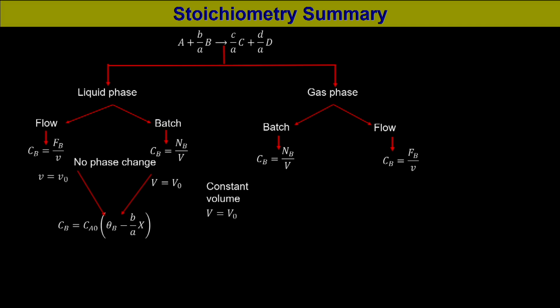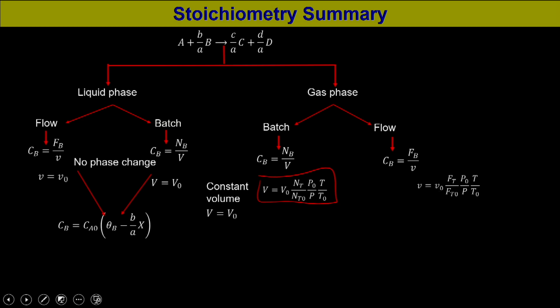In case of gas phase, for a constant volume system V is equal to V naught. Otherwise, V is equal to V naught Nt by Nt naught into P naught by P into T by T naught. This is for a variable volume system. Similarly, for variable volume flow systems we can write v is equal to v naught Ft by Ft naught into P naught by P into T by T naught.